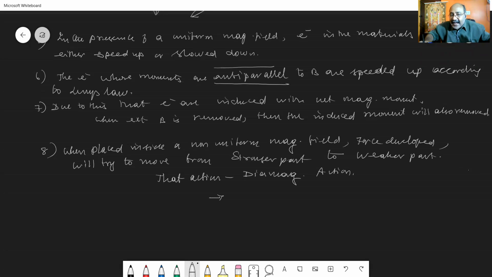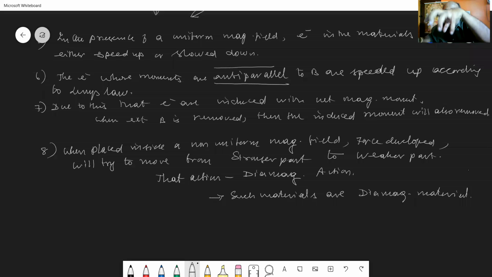So such materials are called diamagnetic materials. To identify a diamagnetic material, place it inside a non-uniform magnetic field. Magnetic moments are induced and the material moves from the stronger part to the weaker part.